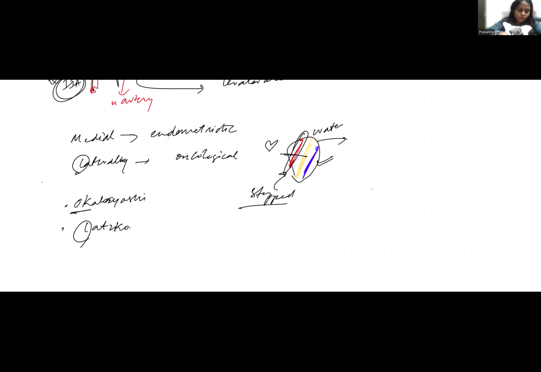Then Okabayashi space. I already explained it, and the contents of this medial space are the superior hypogastric plexus.